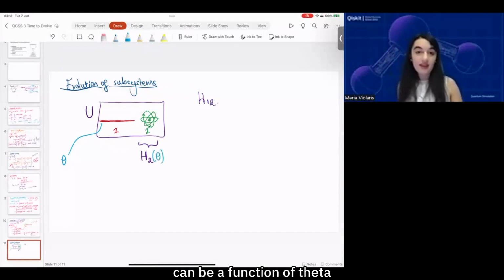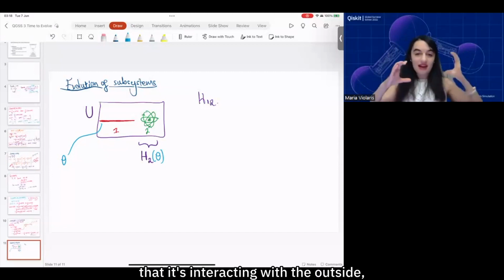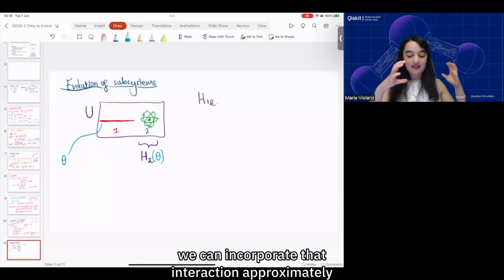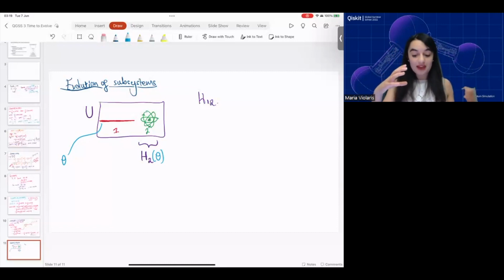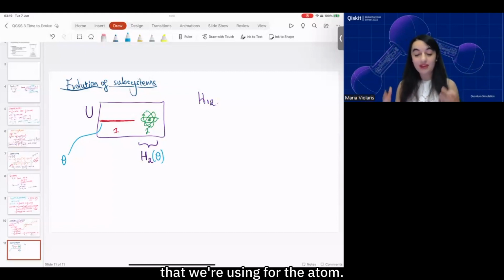Then what we can do with our approximate expression for this Hamiltonian of the atom is make it a function of theta, so that we can incorporate the fact that it's interacting with the outside, interacting with this laser. We can incorporate that interaction approximately by having this parameter be part of the Hamiltonian that we're using for the atom.